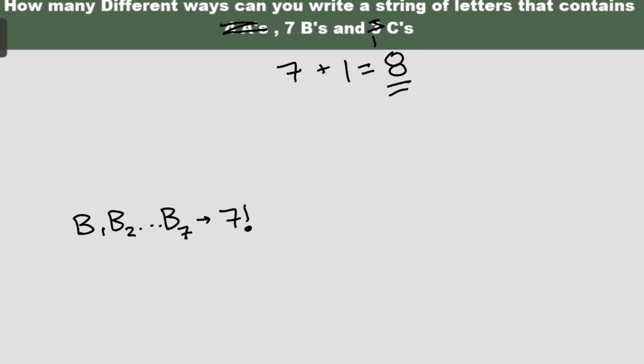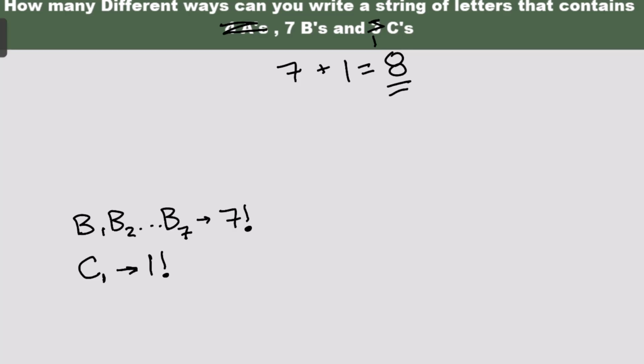And once again, if we had a singular C. So if I gave you 1 C, and I told you to rearrange it amongst itself, how many ways can you rearrange that? 1 factorial. Cool.